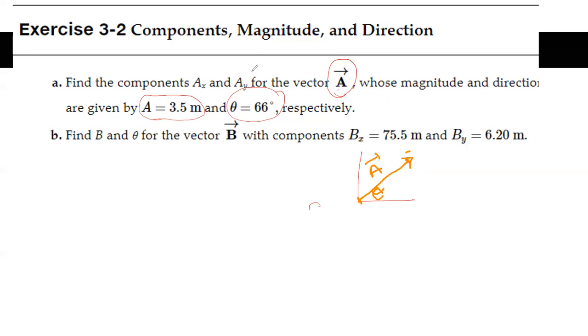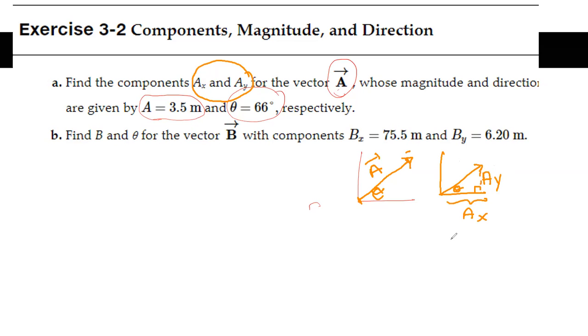Find the components AX and AY. Look at that. That's what we learned earlier. You have a vector A. Now it's asking me to find AX and AY. And this theta is given.